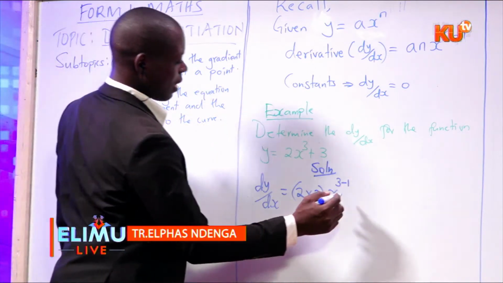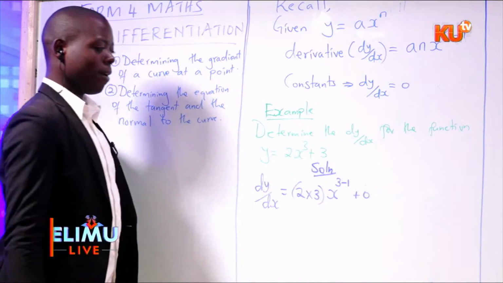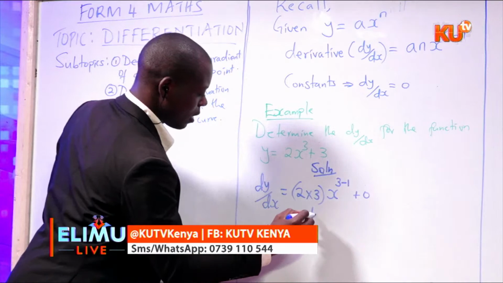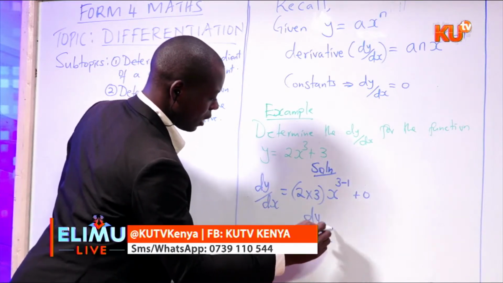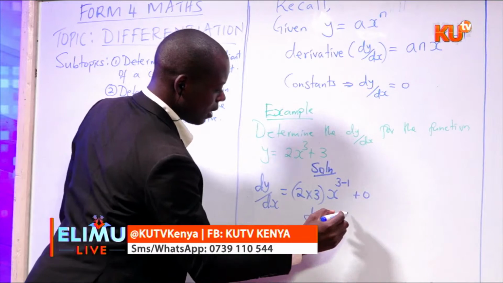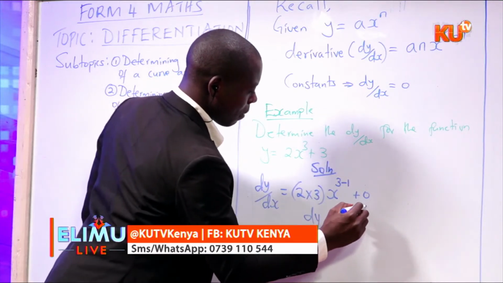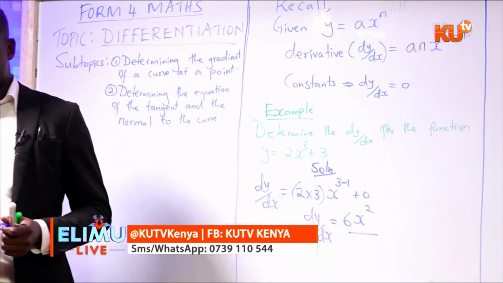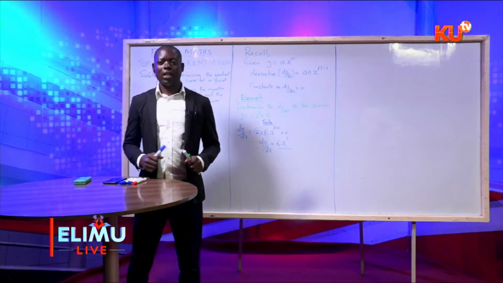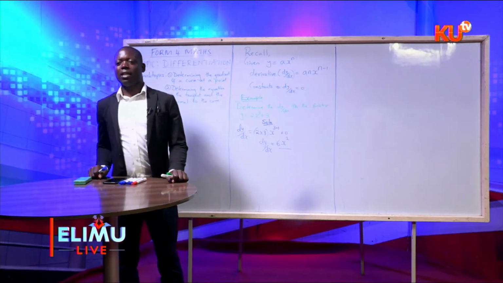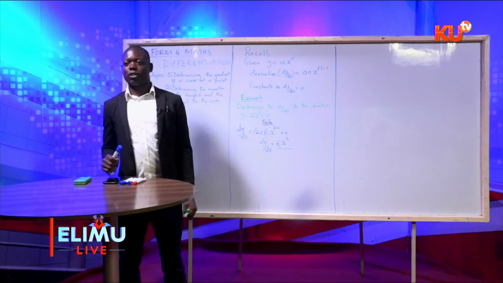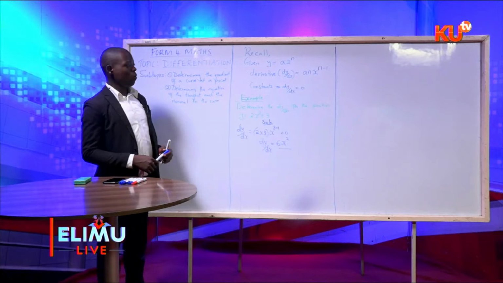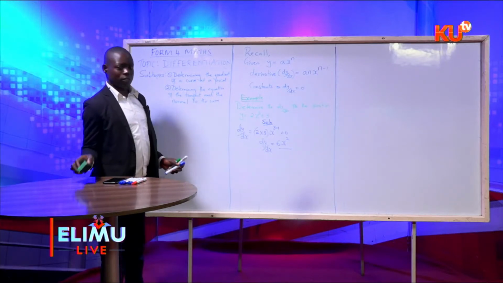Therefore, it's like saying plus 0, which will not have any effect. So what is the dy dx, students? dy dx is equal to 2 times 3, which is 6x power 2. Therefore, the dy dx of the function y equal to 2x cubed plus 3 is 6x squared. That is how we differentiate polynomials.